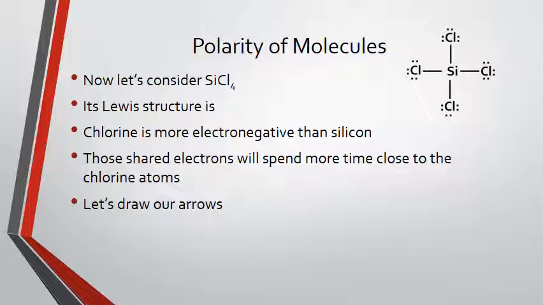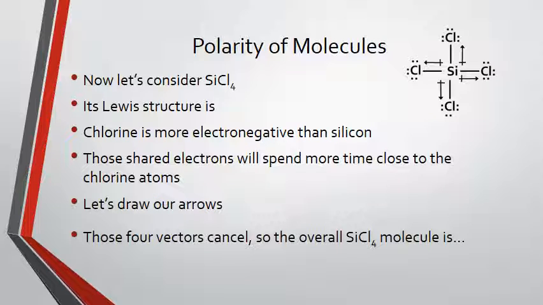So let's draw our polarity arrows. Those four vectors cancel. They're equal magnitude pointing in directions that cancel each other out. So even though it contains polar bonds, the overall molecule is nonpolar.